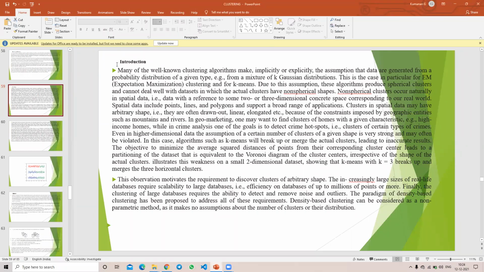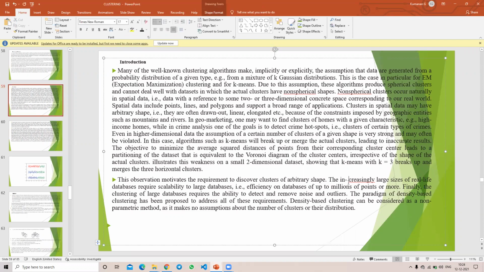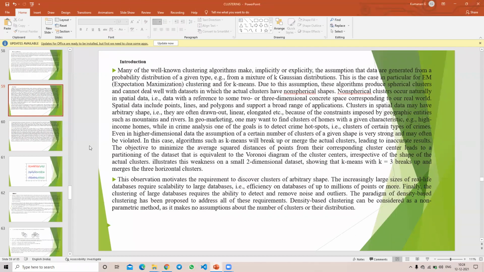Hi, in this video, we are going to talk about a new topic. It is one of the types of clustering, but it comes under density-based algorithms. We have seen the K-means algorithm and hierarchical clustering before.